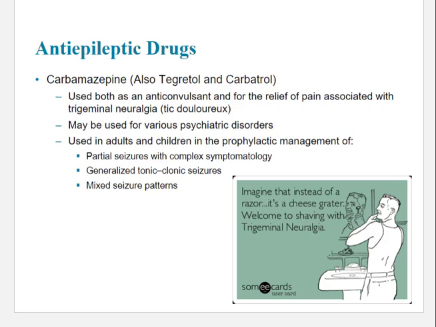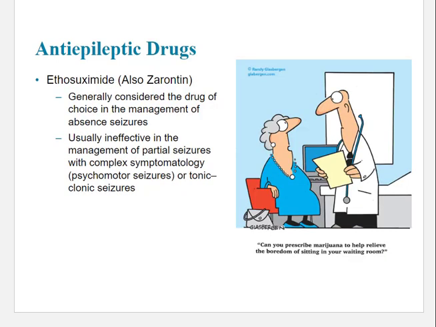Those are the two names that you need to be specific. It is one of the anti-epileptic drugs, but it's also used to relieve pain associated with trigeminal neuralgia. I can't even say that. I don't even know what that is. But again, another treatment for seizures. I did read that some of these seizure medicines can be used in relationship with each other. Like they put them on more than one.